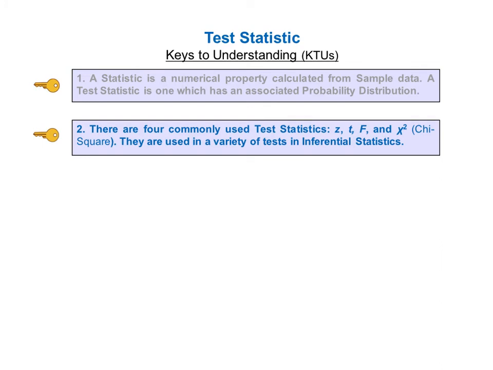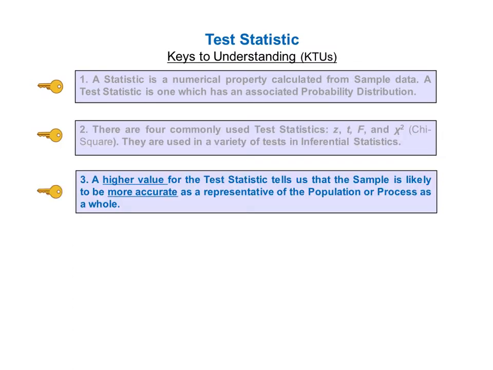The second KTU is there are four commonly used test statistics: Z, T, F, and chi-square. They are used in a variety of tests in inferential statistics. Key to understanding number 3 states, a higher value for the test statistic tells us that the sample is likely to be more accurate as a representative of the population or process as a whole.